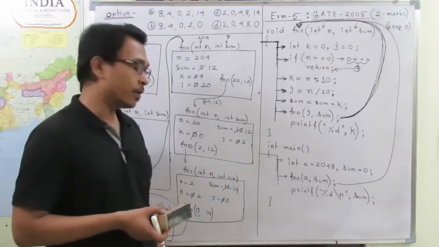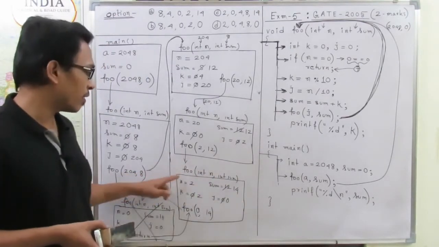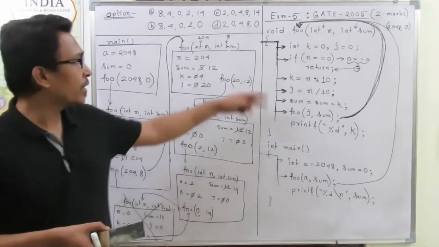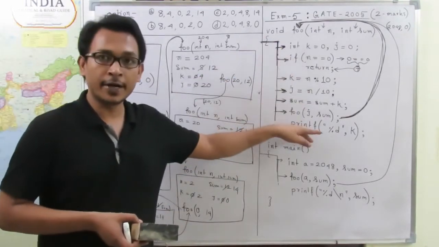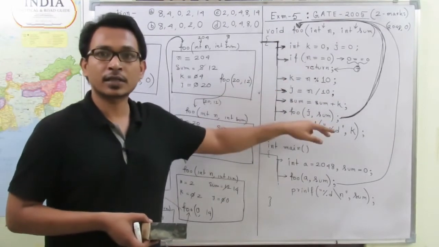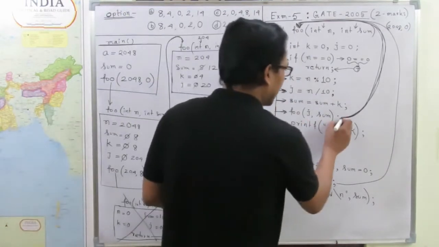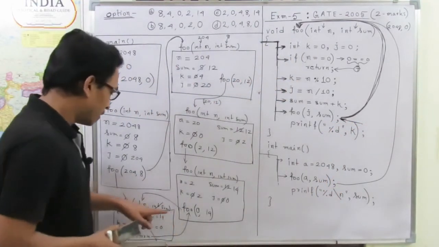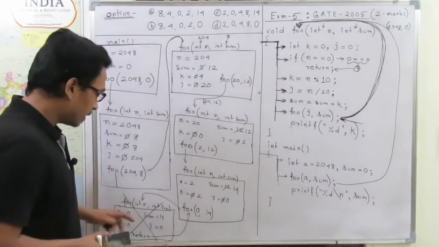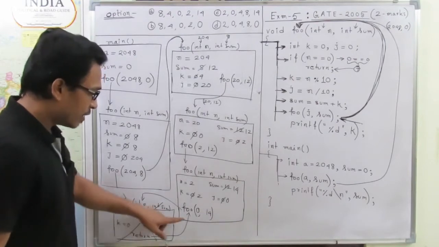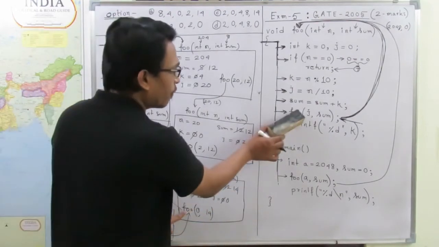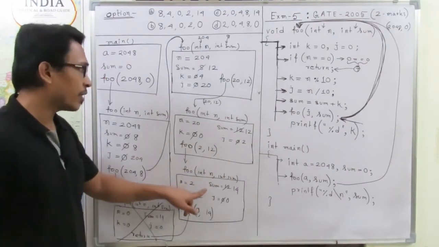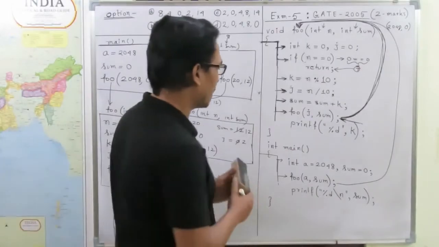Now we are in this particular foo instance, in this particular foo body, but in which instruction? We are in this return statement, because this particular foo instance was created when this particular foo function call occurred. That means when we return back, we will return to this particular instance only.